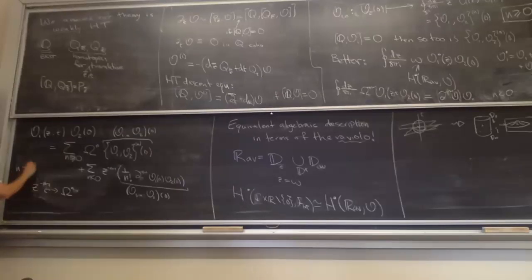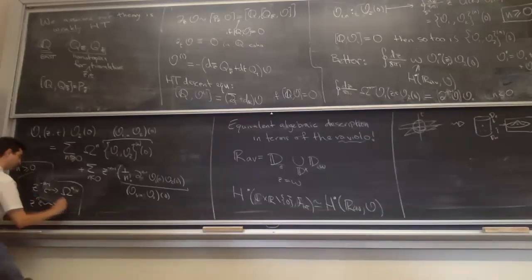And this is for n bigger than or equal to 0. z to the n is just z to the n.